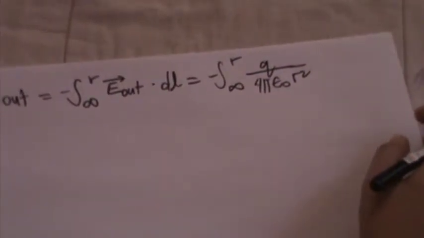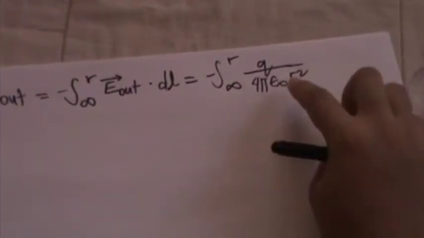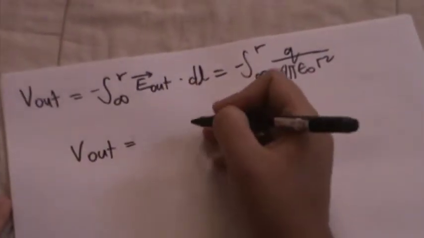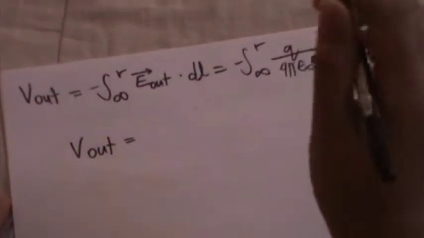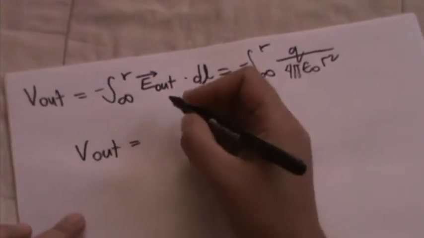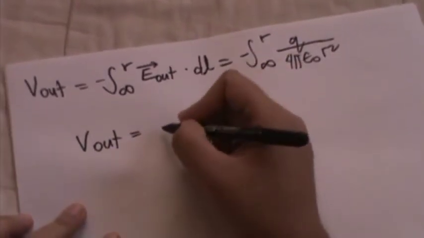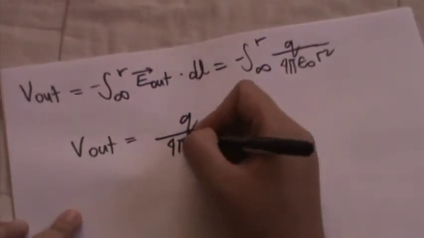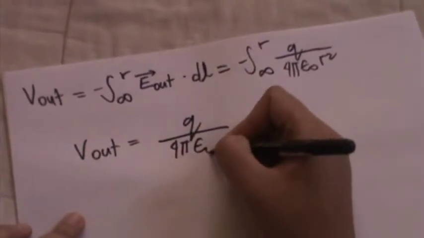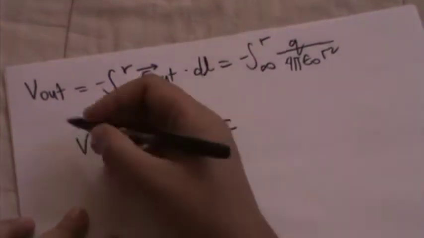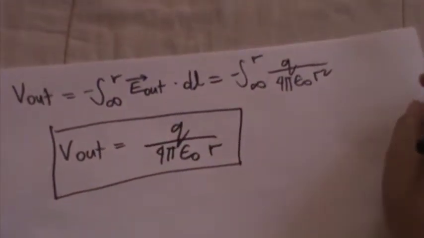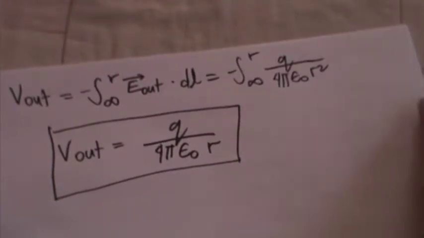The integral of this one, let's do it mentally, gives V out equal to Q over 4 pi epsilon naught R for the outside. Okay, this is your potential outside.